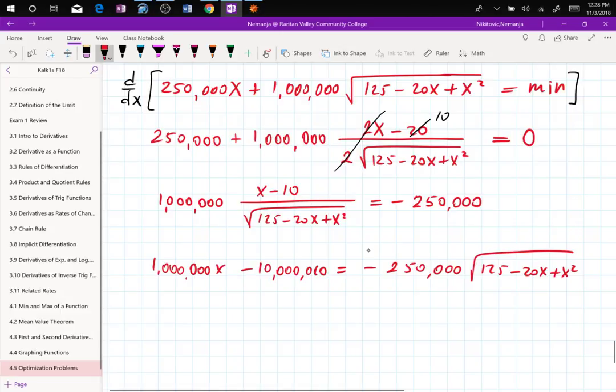And you type in 1 million x minus 10 million equals negative 250,000 times the square root, so open parenthesis, 125 minus 20x plus x squared, close parenthesis, and hit enter.